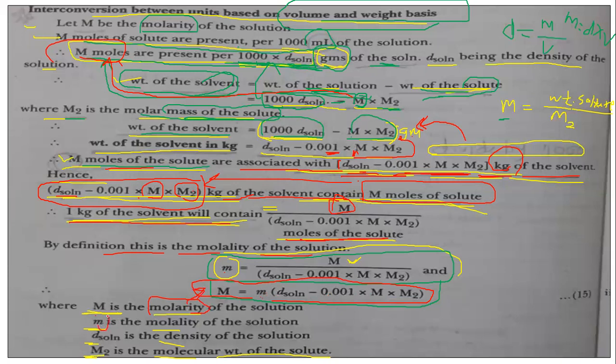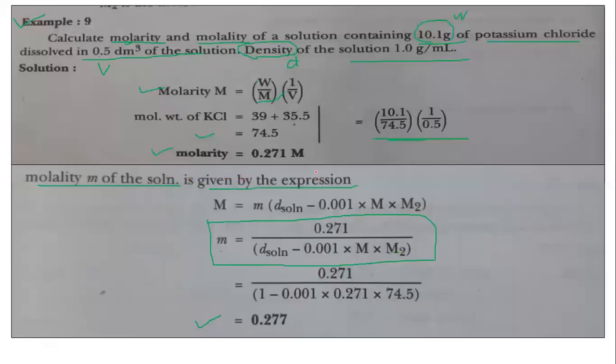Small m is a molality. D is the density of solution. And M2 is, what is M2? It's the molecular weight of solute. This is just interconversion. If you get such kind of example in the examination, it is possible to do.